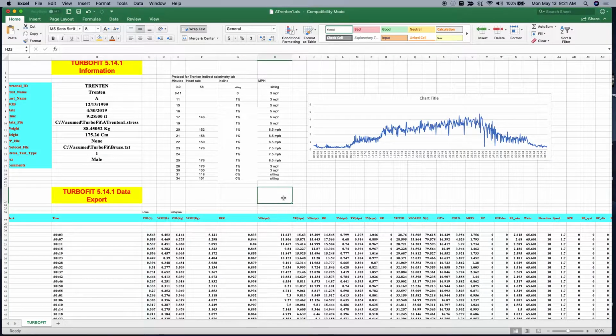So you can just hit equals, you have to select it.